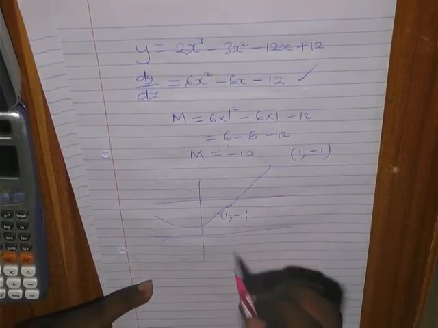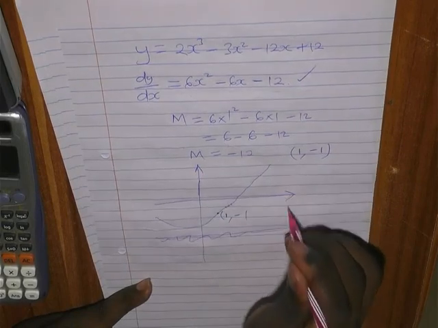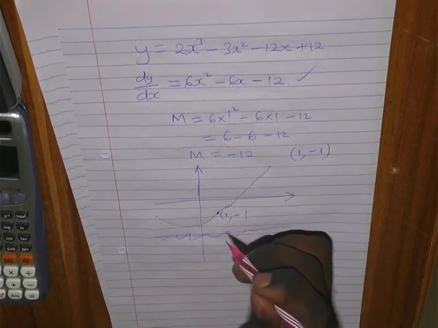So this is our xy. So we have 1, negative 1 here.